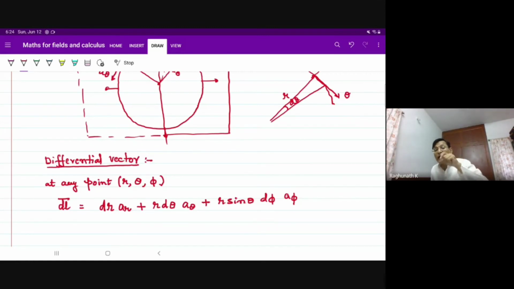If I change it by d phi, I will move through a distance of r sin theta d phi, because of which the differential vector in this coordinate system at any point r, theta, phi is dr ar, r d theta a theta, r sin theta d phi a phi.